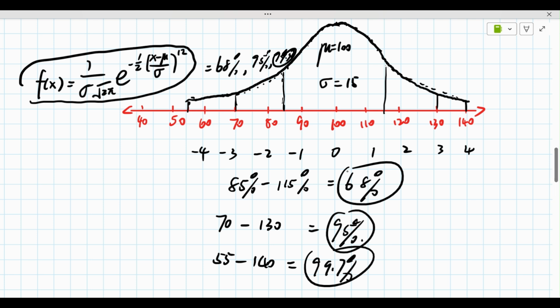This is a graph we need to know. You just substitute your mean and your standard deviation into this function to find the anti-derivative, and then figure out what 68, 95, and 99.7% look like.